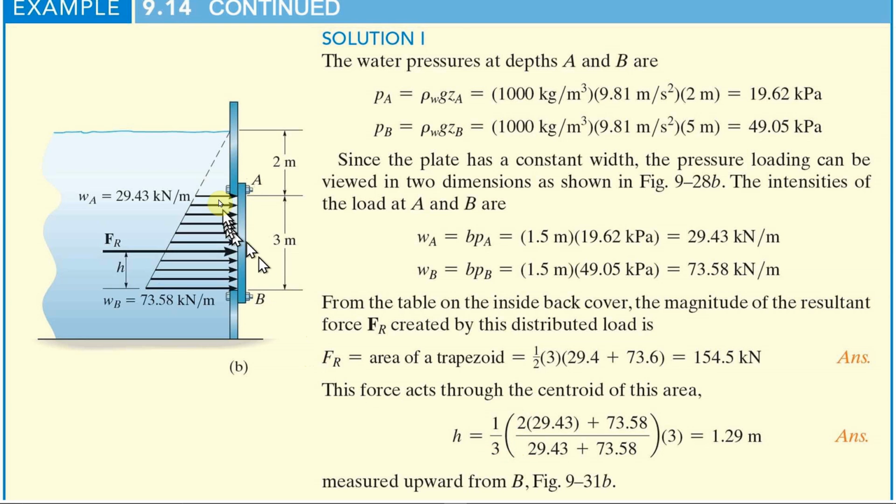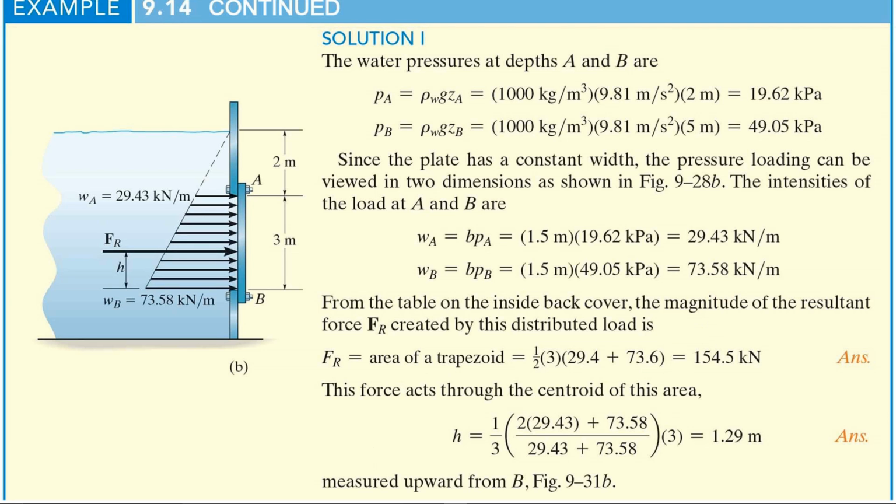Twice the length of the small side, which is 29.43, plus the length of the long side, all divided by the length of the short plus the long, times h. Here's h, the 3 meters here. Crunch the numbers, you get the answer.